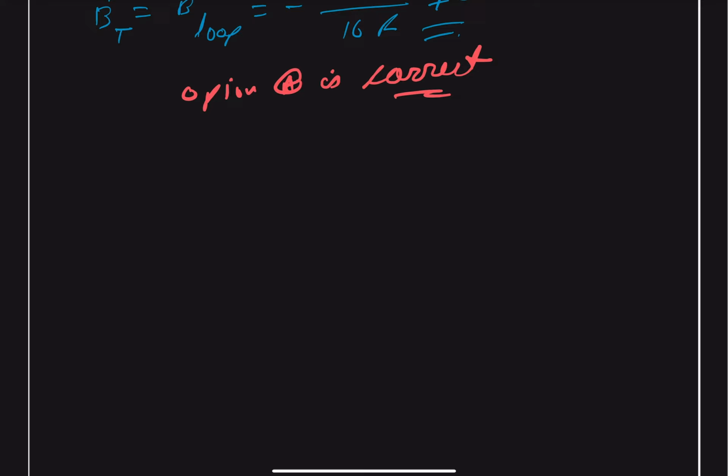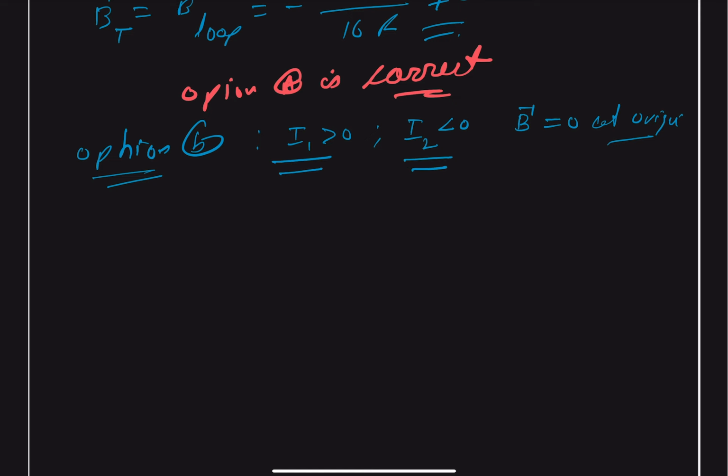So we can go for option B. It doesn't specify the magnitude of I1 and I2. It simply states that for any value I1 is greater than 0 and I2 is less than 0. So this is the broader condition on the value of the current.